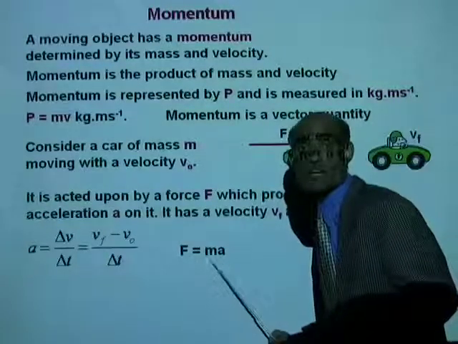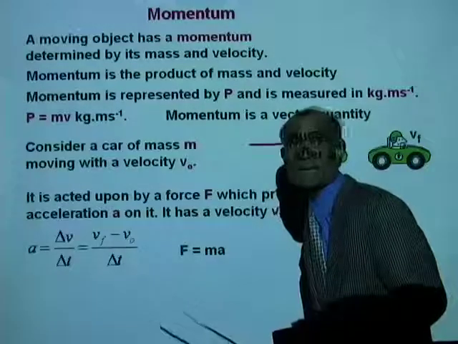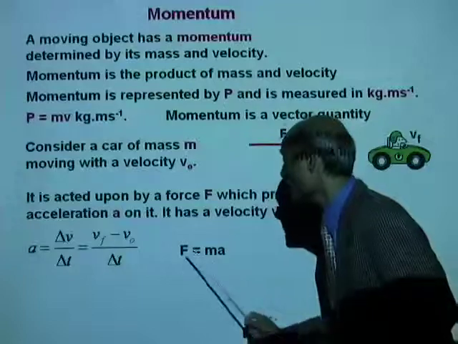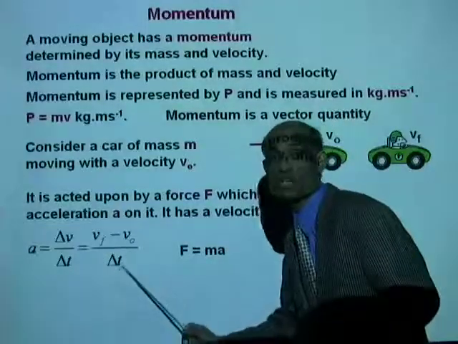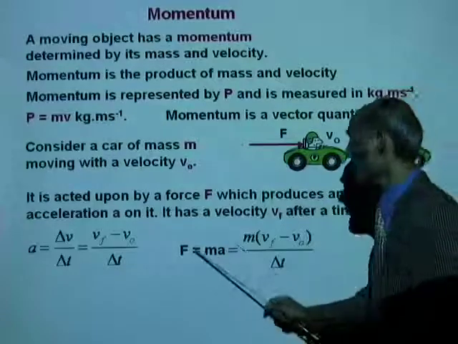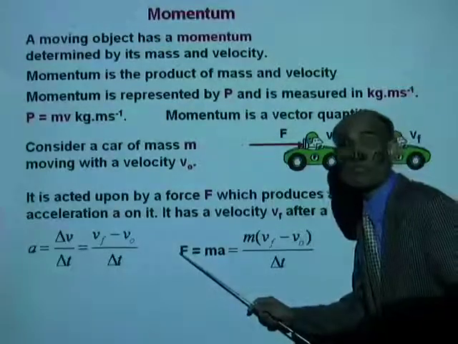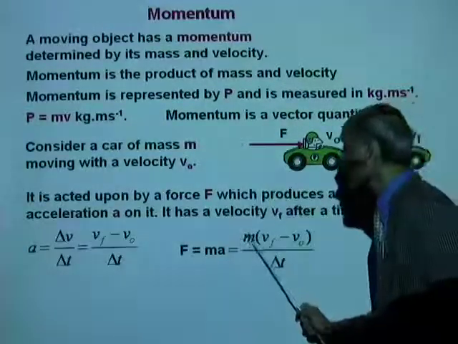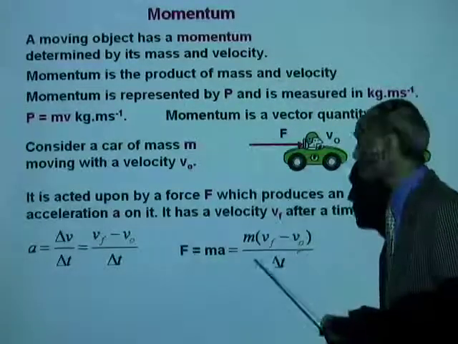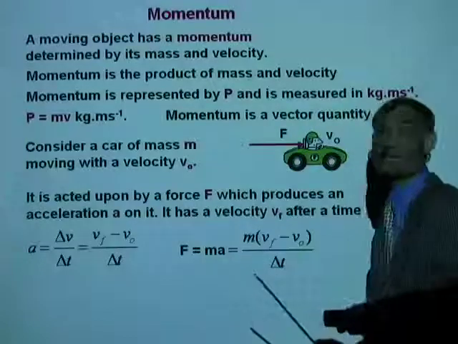But you know that F equals ma. So, if I now replace this a by (vf minus v0) over delta t, I can now write F, the force applied on this car, is m times (vf minus v0) divided by delta t.